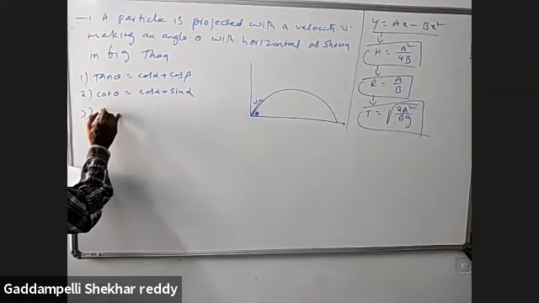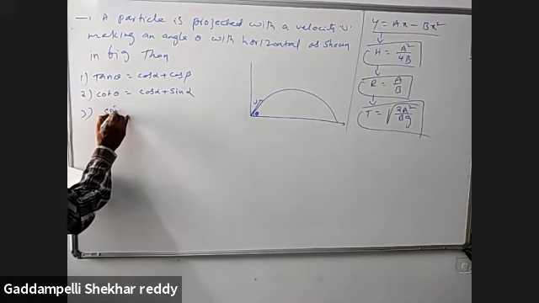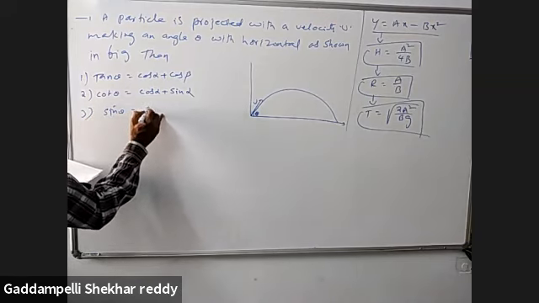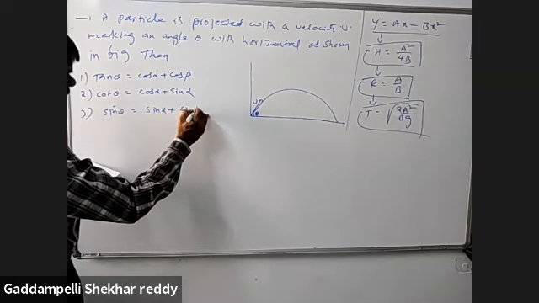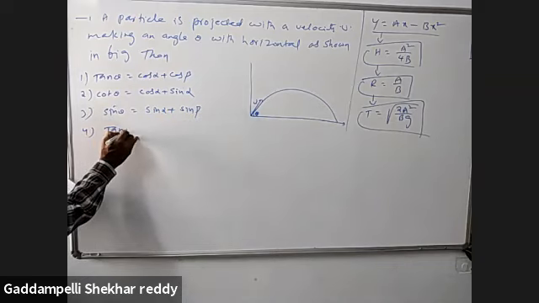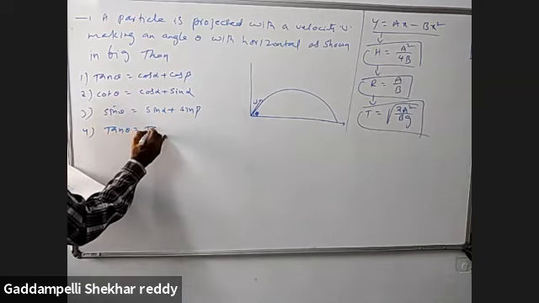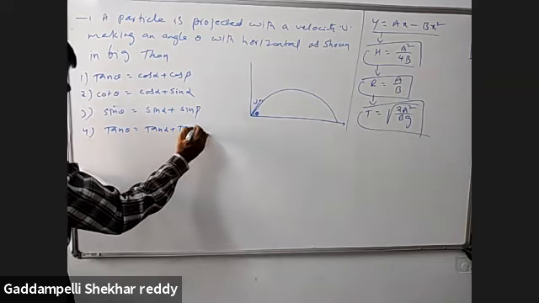Third one, sin theta is equal to sin alpha plus sin beta. Fourth one, tan theta is equal to tan alpha plus tan beta.